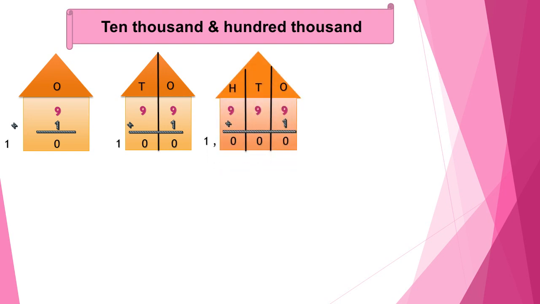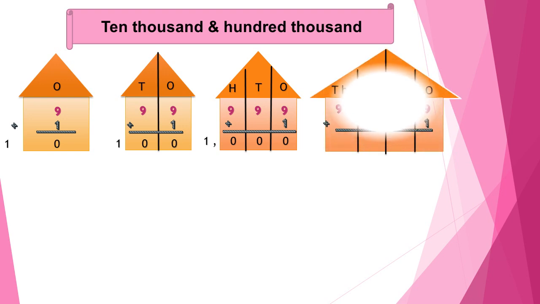The third home has three places, ones, tens, hundreds. The greatest number I can put inside it is 999. If we add 1, it becomes 1,000. Then our home became very small. It's a 4-digit number. We need another home.